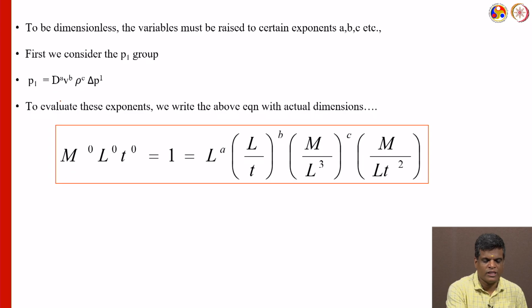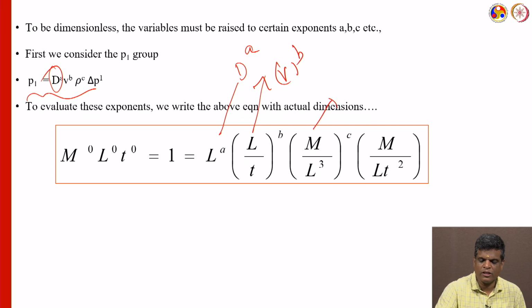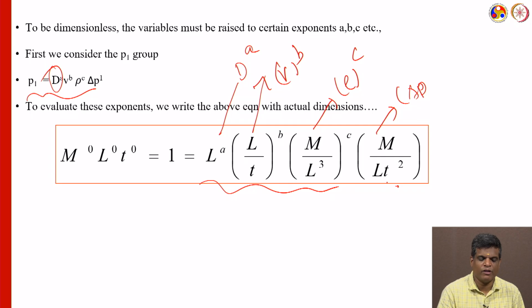Take the first dimensionless number, pi 1 equals d to the power a, which is L, then velocity to the power b, then density to the power c, then the pressure drop delta P. These are the core variables and this is the other variable.